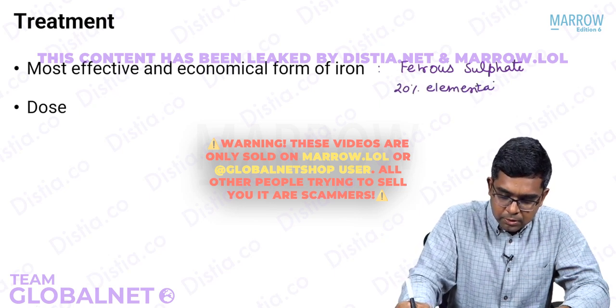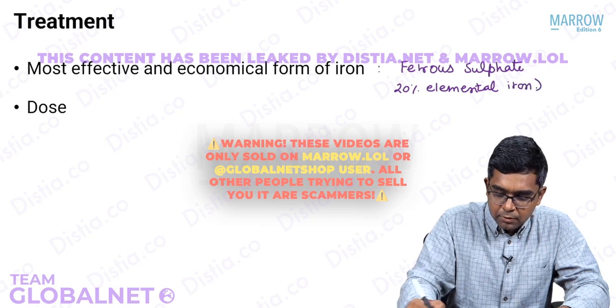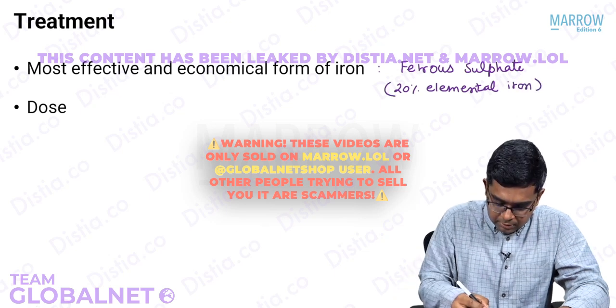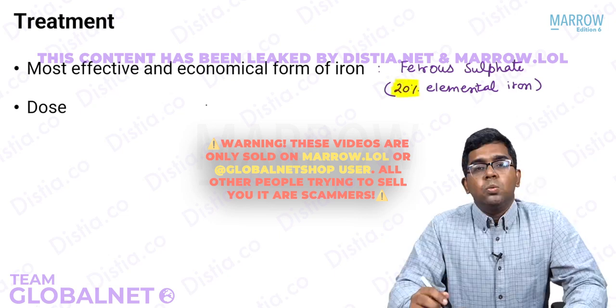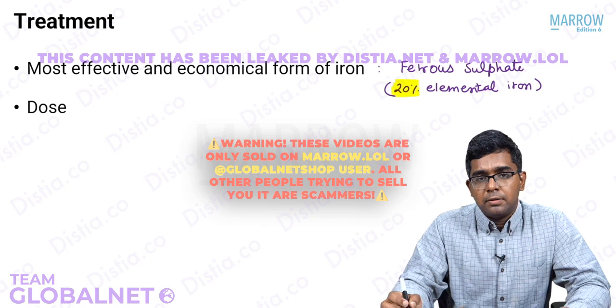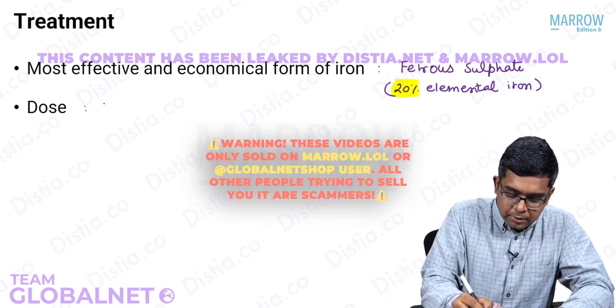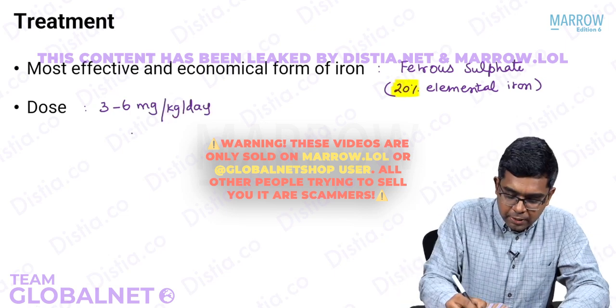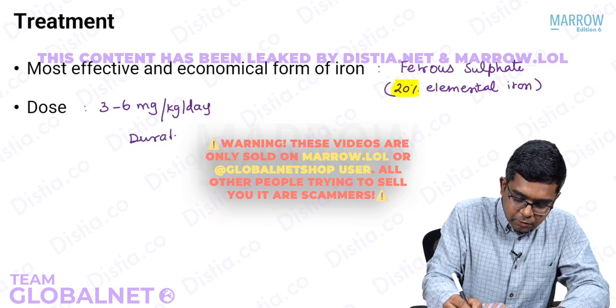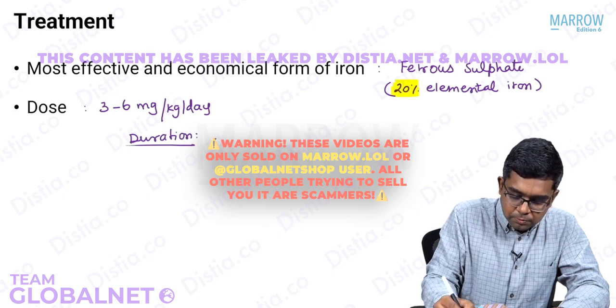An important MCQ question: how much is the percentage of iron in ferrous sulfate? It is 20%. Okay. What is the dose of iron? For the treatment, it is 3 to 6 milligram per kilogram per day. The duration of iron treatment is for a period of 4 to 6 months.